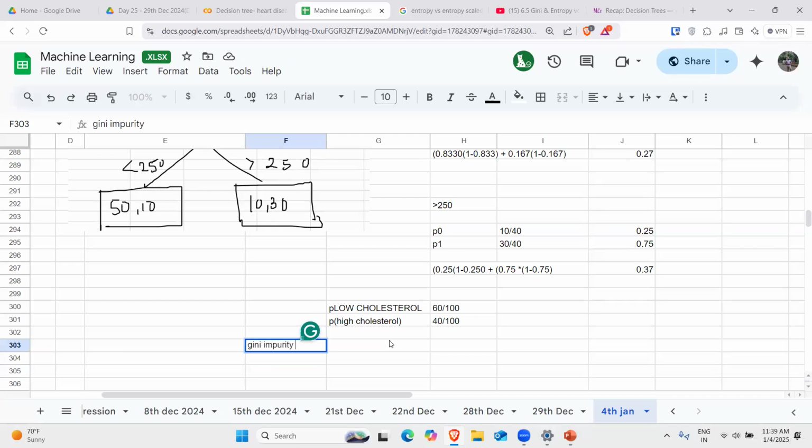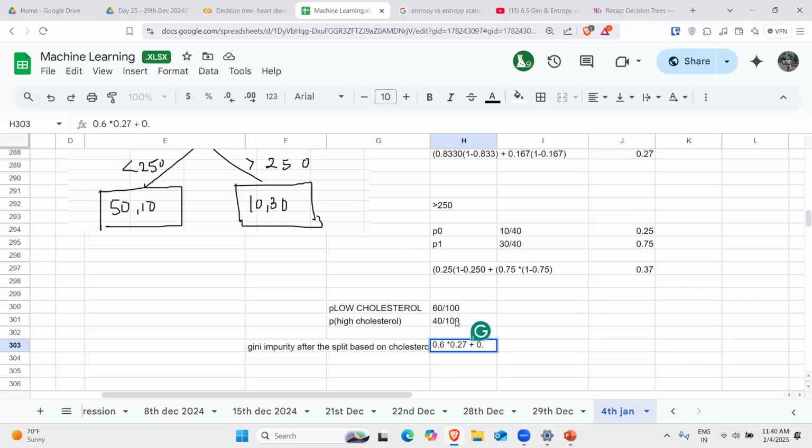And this gives the Gini impurity after the split based on cholesterol, which will be 0.6 into 0.27, right? Above this one, 0.27, plus this is 0.37 and this is 0.4.